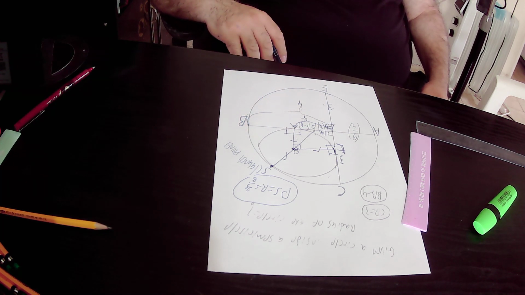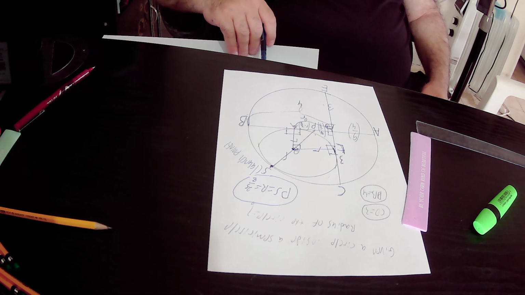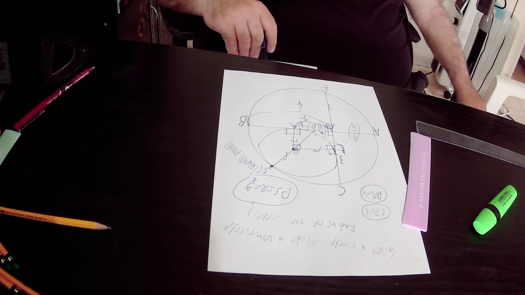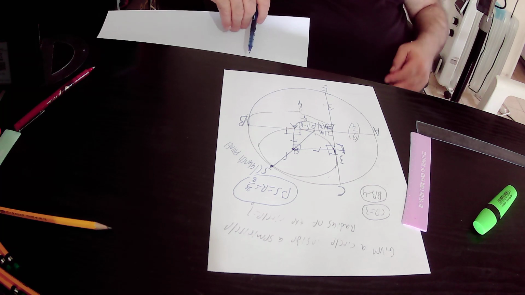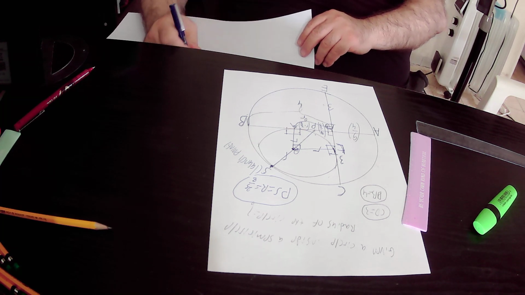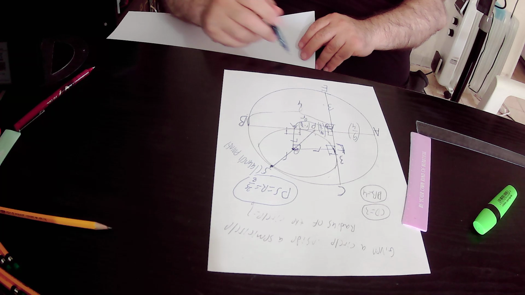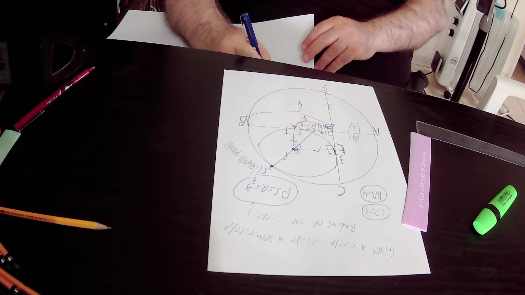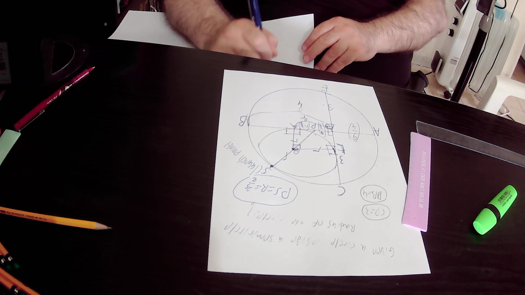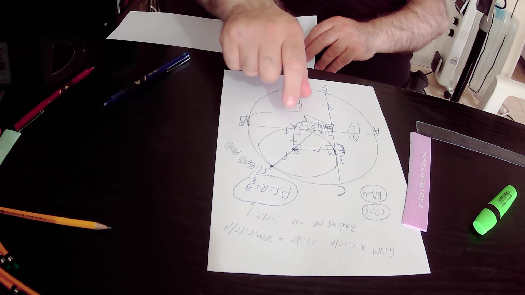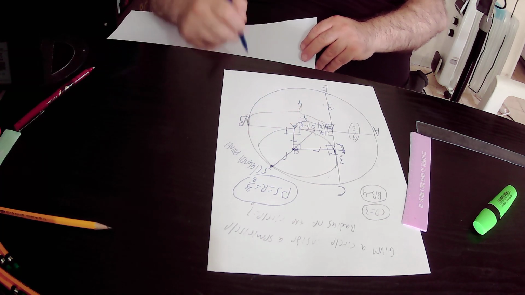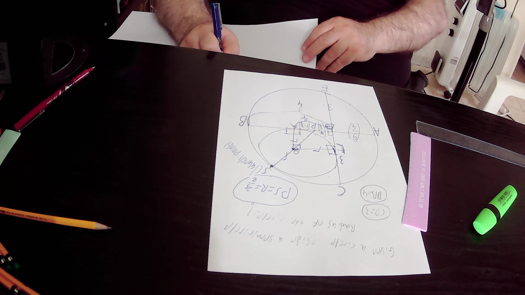Okay, and what is the length of line segment PQ? From the drawing, it is very easy to see that PQ equals PS minus QS.